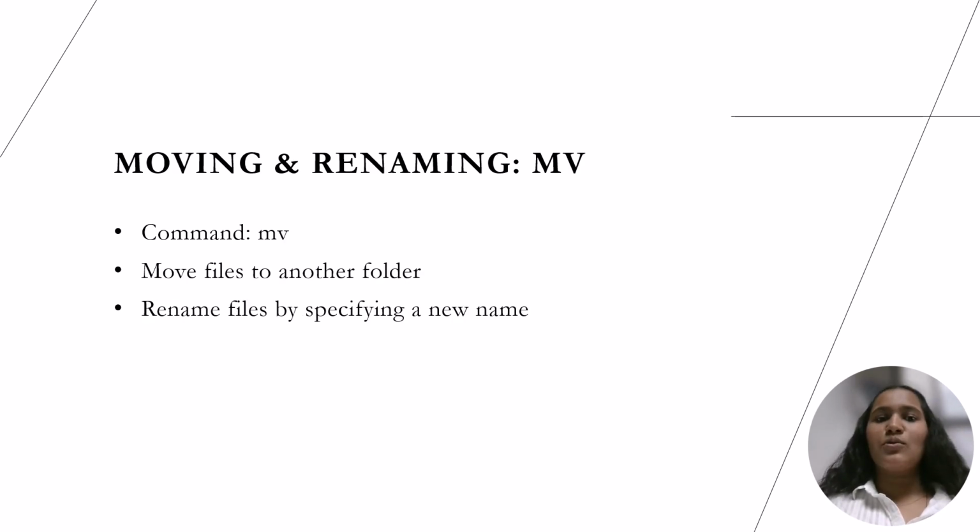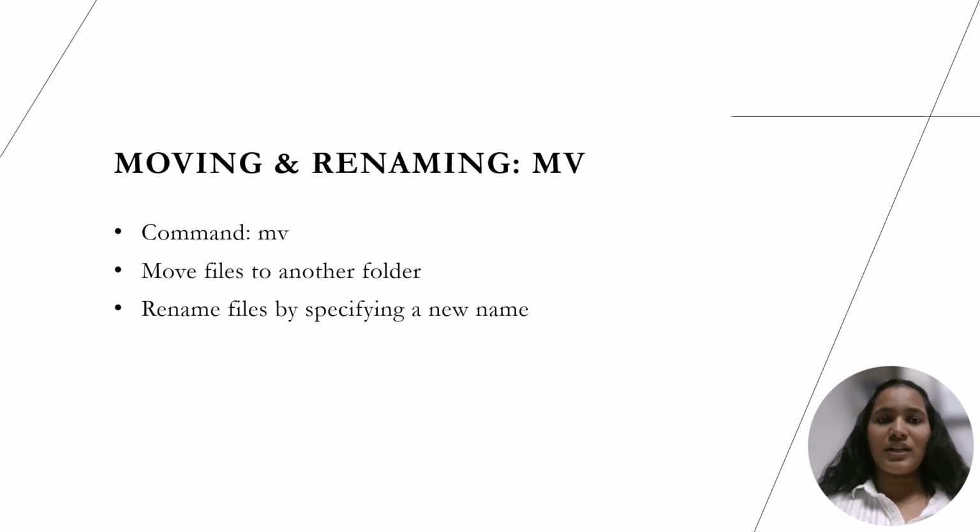Next is moving or renaming a file. You can move files using the mv command. For example, to move a file into another folder, say the folder name is documents and you want to move a file named test: mv space test space documents. So it will move the file to the documents folder.